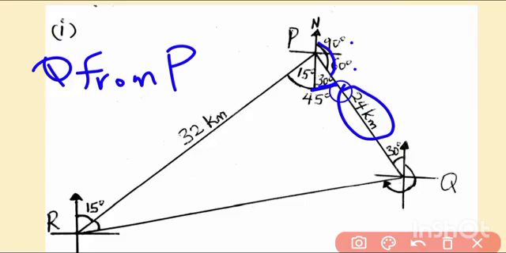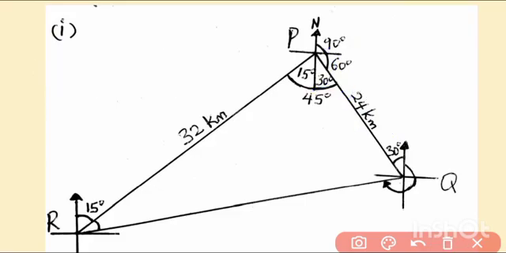Now the second part of the question mentions the bearing of P from R. So if it is the bearing of P from R, we go to R and we read from the north of R. The bearing of P from R is 15 degrees. So we read 15 degrees from the north of R to the line joining R and P together.